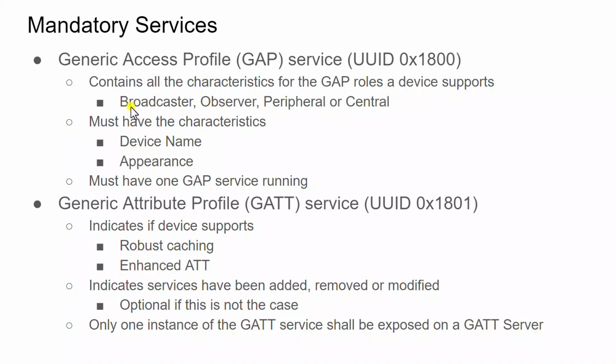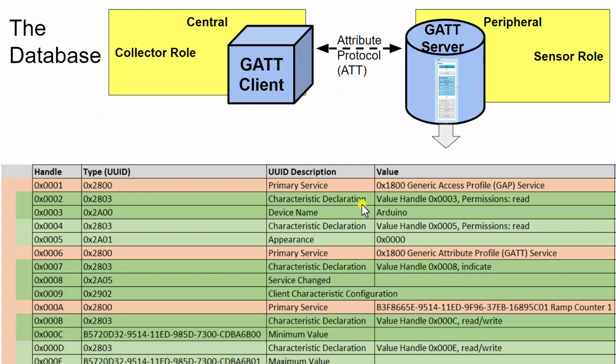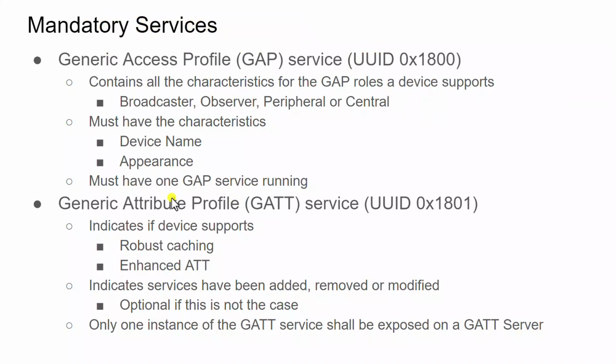And these are basically whether it's just advertising or it can be connected with, which is peripheral and central. And it must have that device name and appearance, and that's what we saw here. And there must be one of these running on the Bluetooth device.